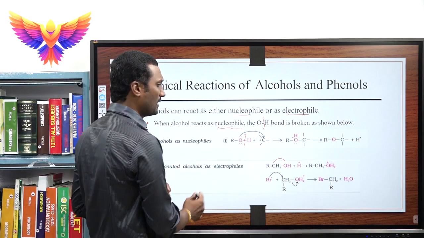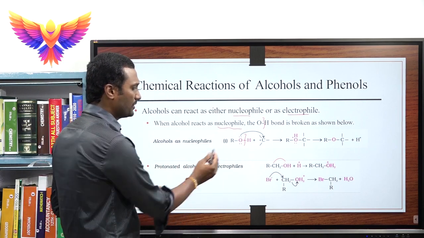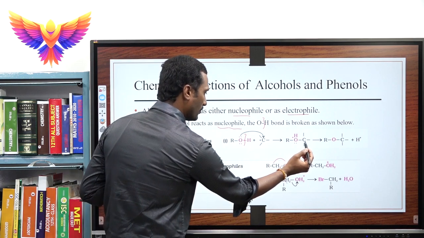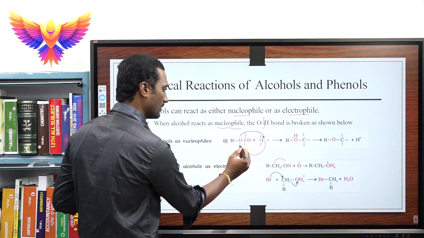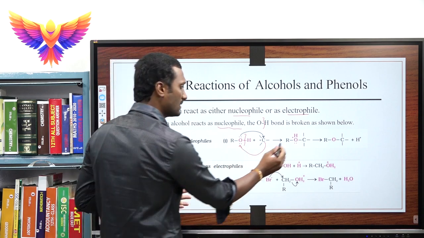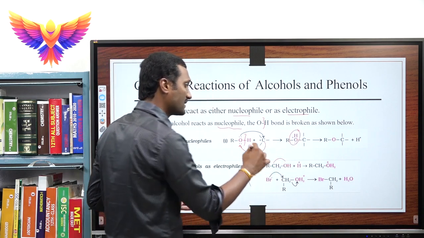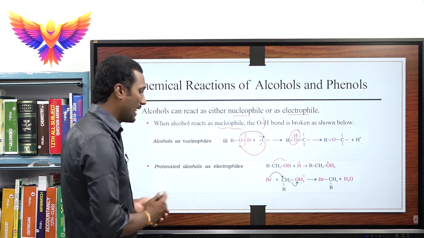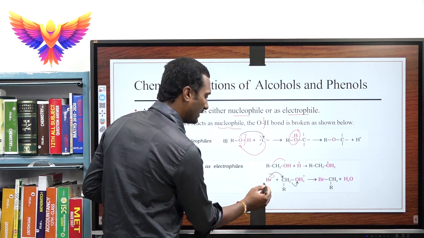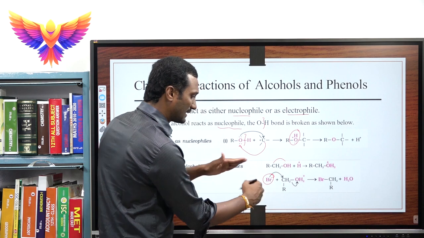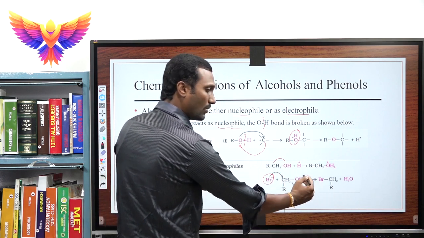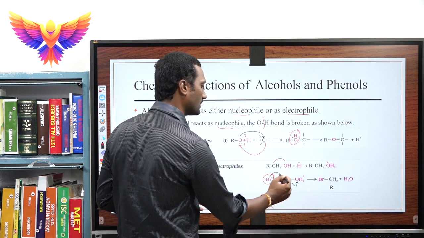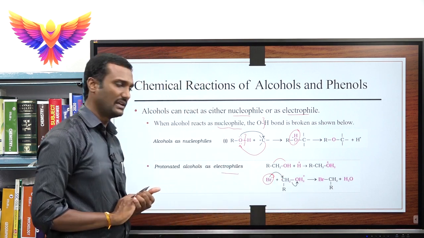Here you can observe the carbocation, when it reacts with this very rich in electrons species, it acts as nucleophilic in nature. And at the same time that bromine anion reacts with the carbon after losing the oxygen and hydrogen from the alcohol, so that time it acts as electrophilic in nature.